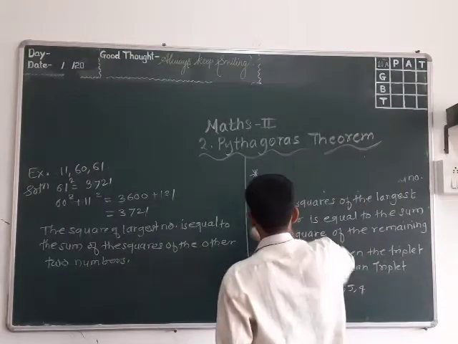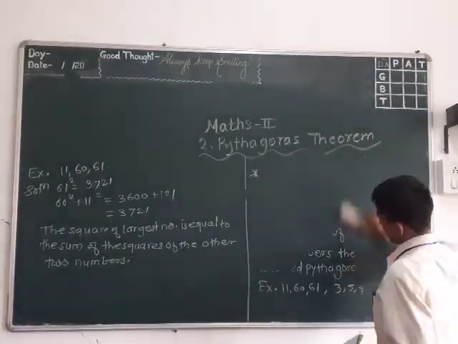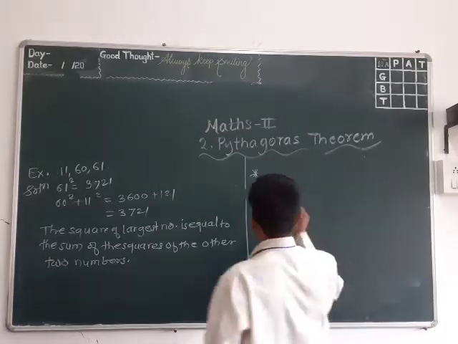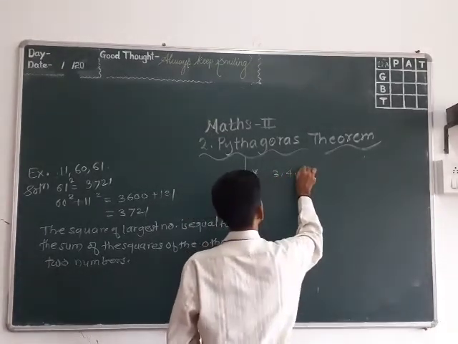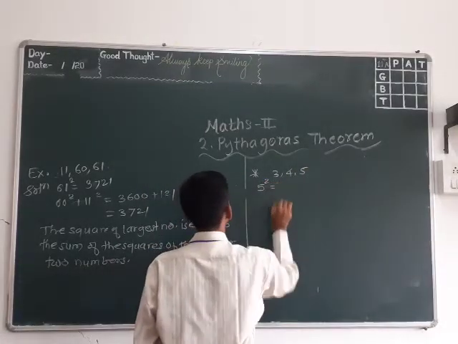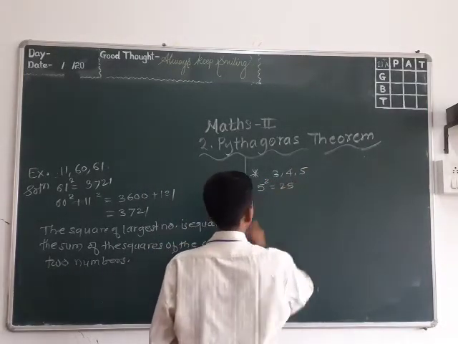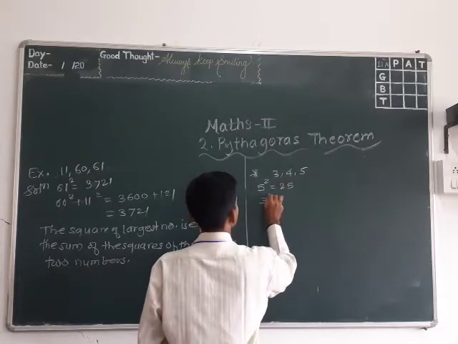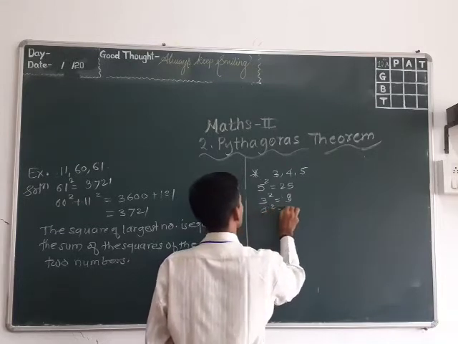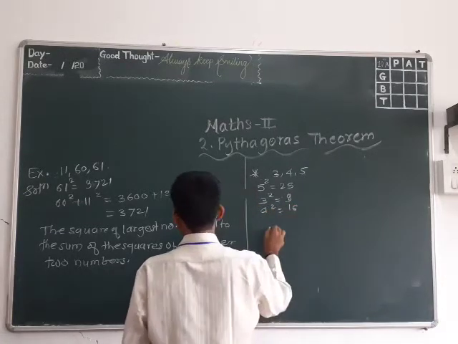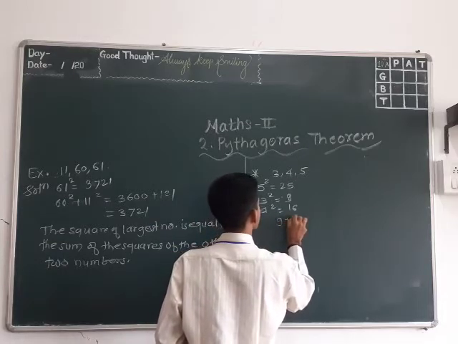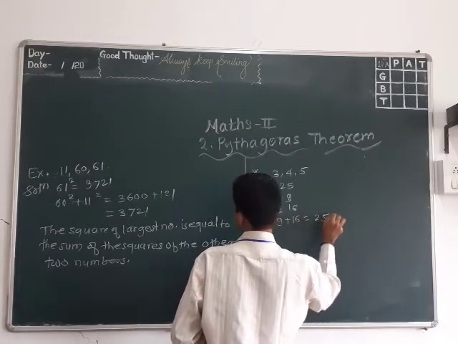Second example, verify 3, 4, 5. The biggest number is 5, and 5 square is equal to 25. 3 square is equal to 9, 4 square is equal to 16, and 9 plus 16 is equal to 25.